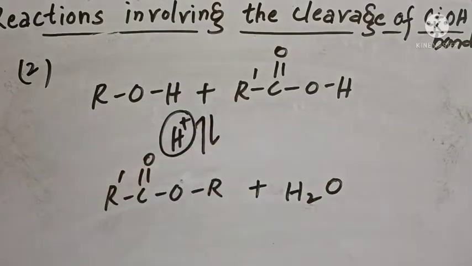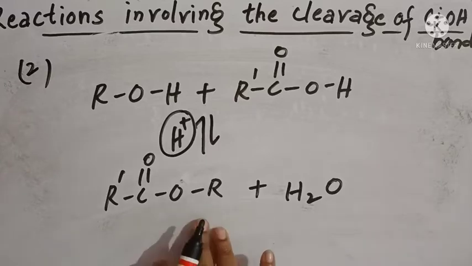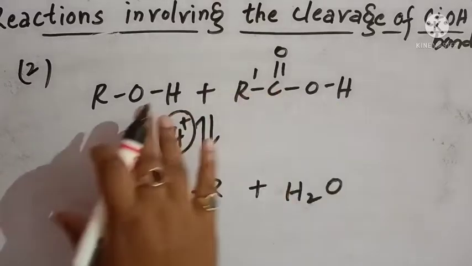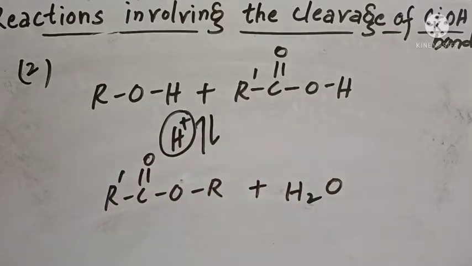The H plus ion, or the acidic medium which we are taking, will act as a catalyst. And this is also a reversible reaction. If we do the hydrolysis of the ester, that will again give you the alcohol and the corresponding carboxylic acid.